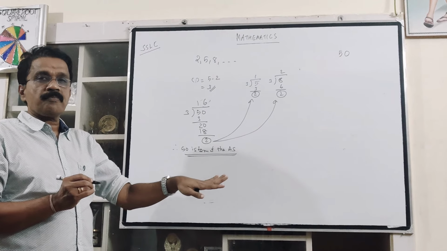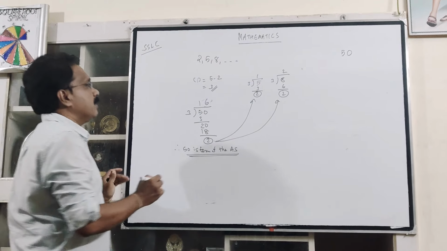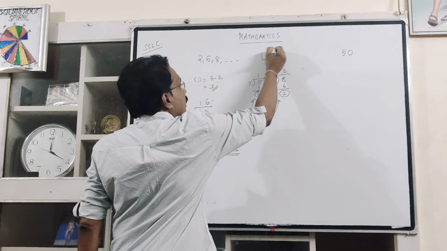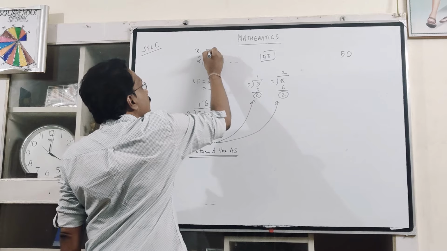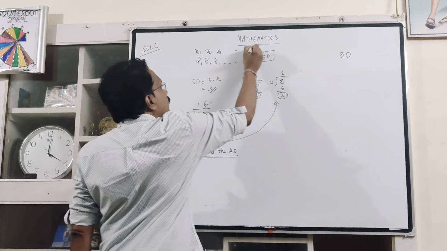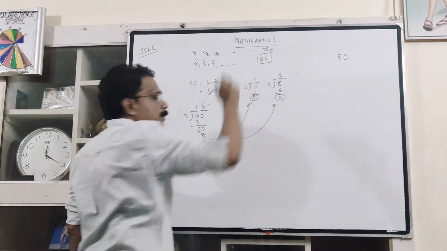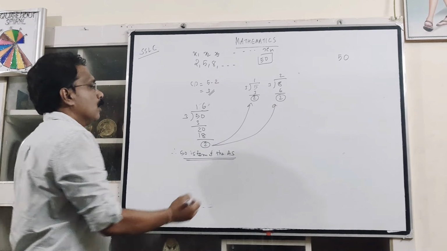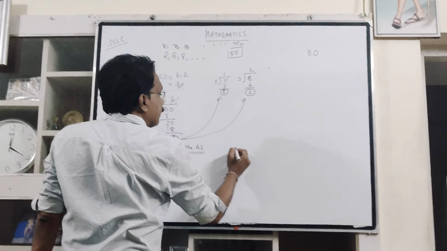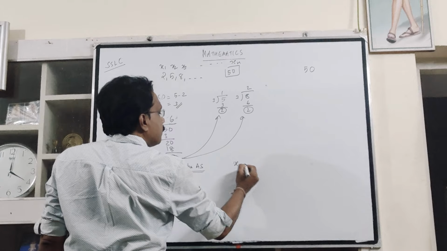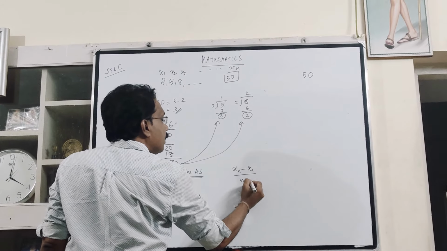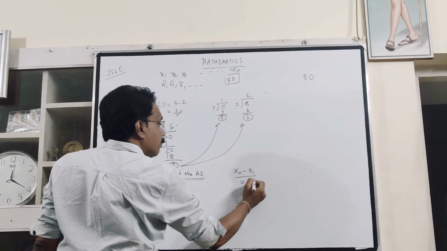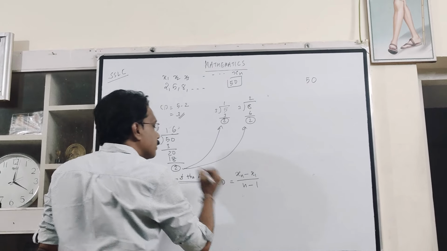The second part. Position of 50 means, suppose 50 is here. So this is the first position, second position, third position, and this is the nth position. So the nth position term minus first position term, divided by n minus 1, is the common difference.